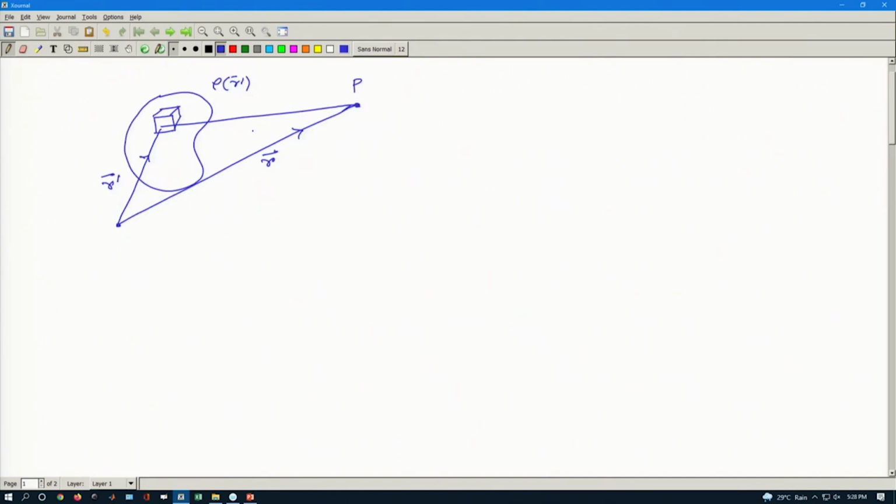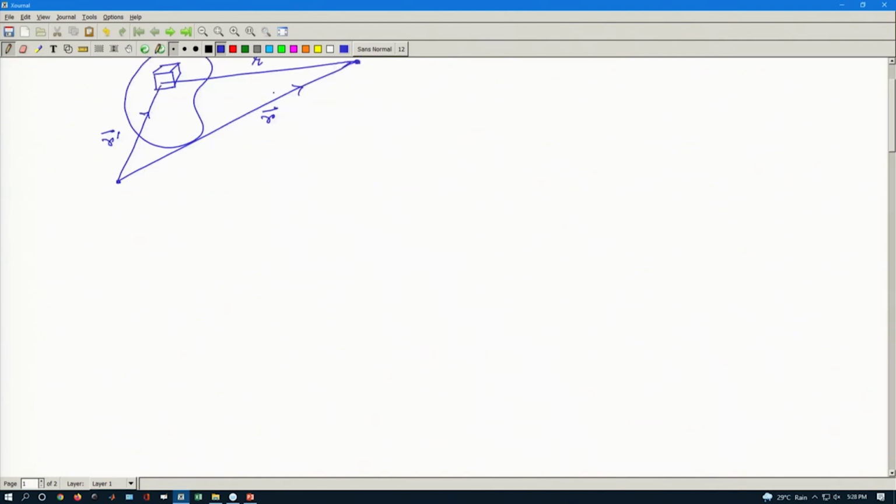When we elaborate that, we find that our potential at the point r comes out to be the summation of the contribution of the monopole, the potential due to the dipole, the potential due to the quadrupole, and so on.